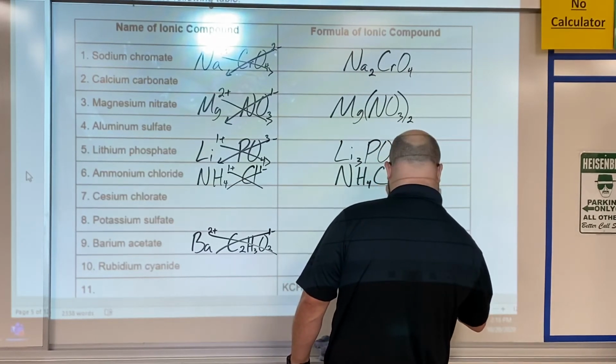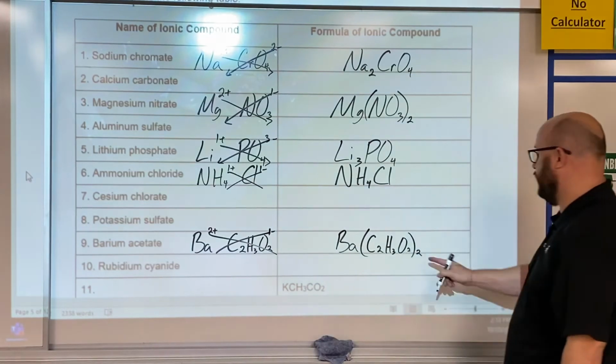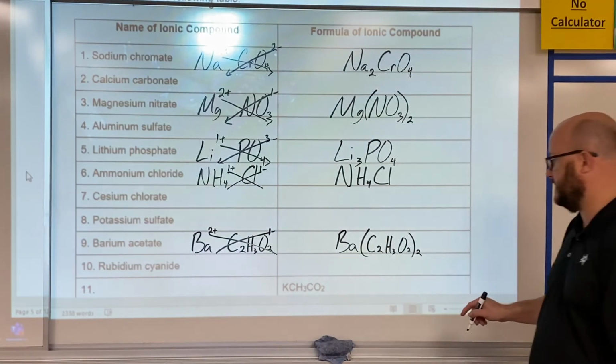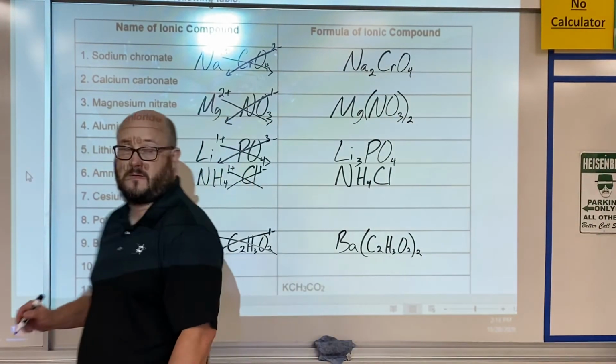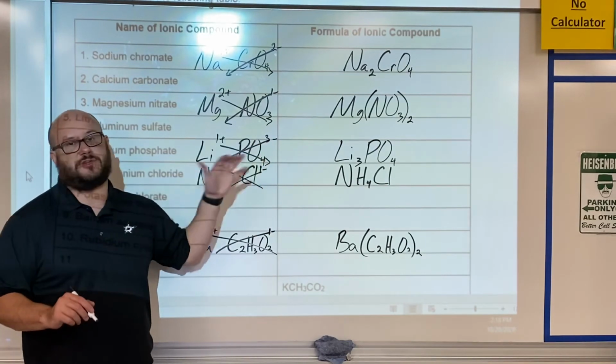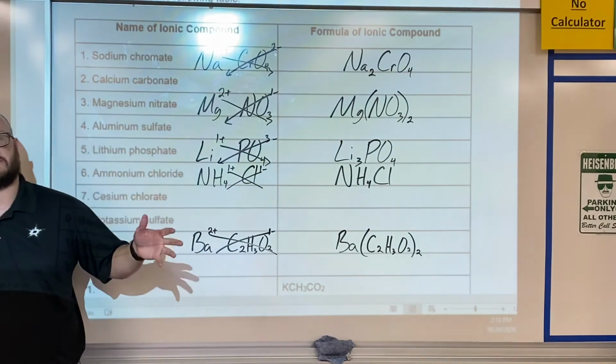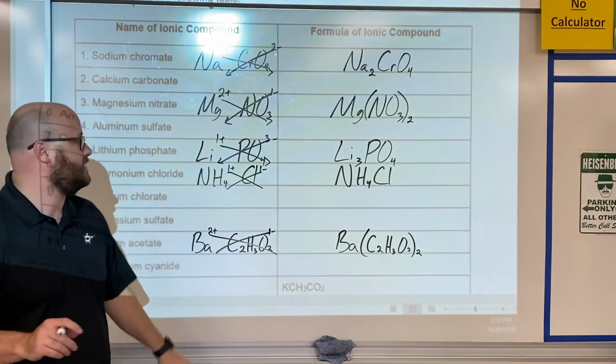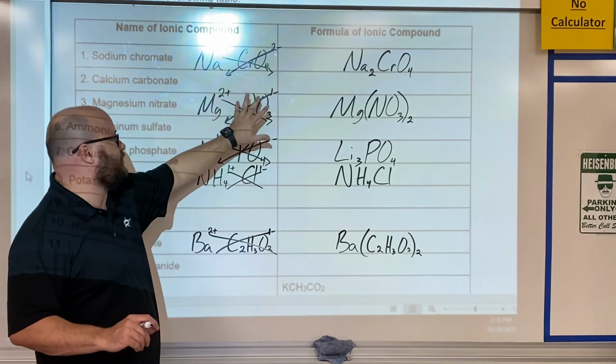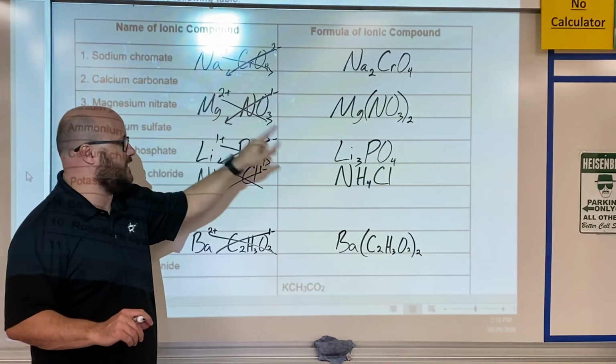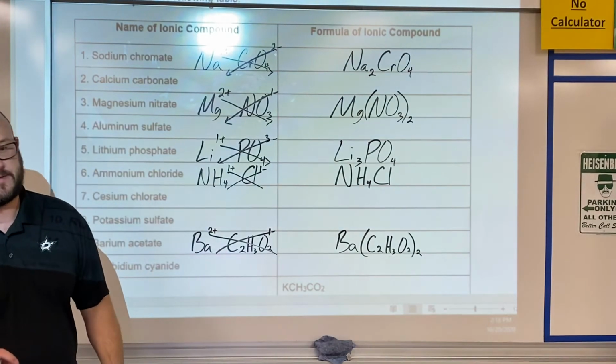C2H3O2, and then don't forget our 2 outside of the parentheses. Same procedure, same process as with binaries, except you got to make sure you don't get confused as to what the whole charge is, and then don't forget the parentheses.